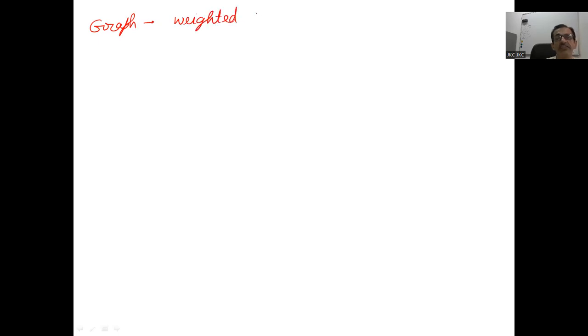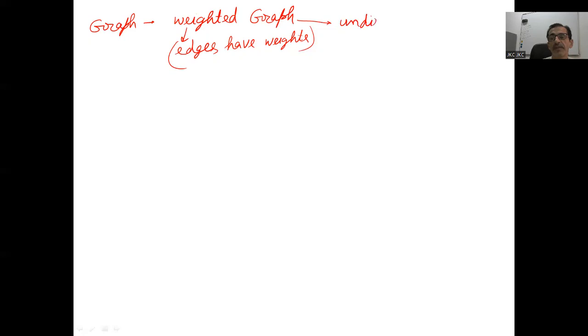A weighted graph effectively means that edges have weights. Whenever edges have weights, not just their presence being used, we call it a weighted graph. Using weights, many decisions will be taken. So for today's discussion, we assume an undirected and connected graph.